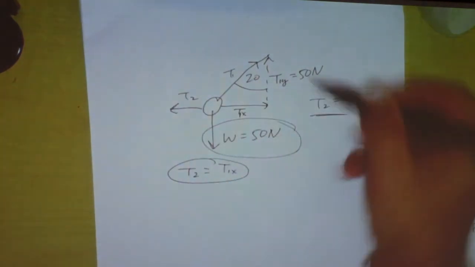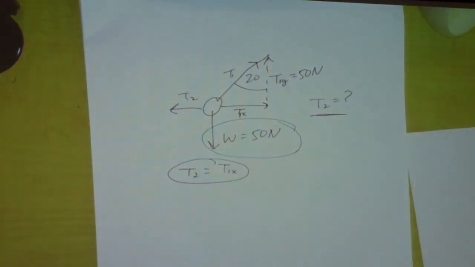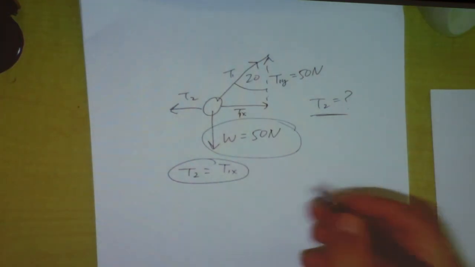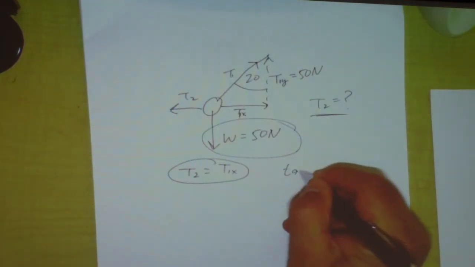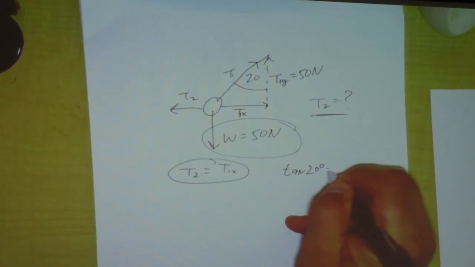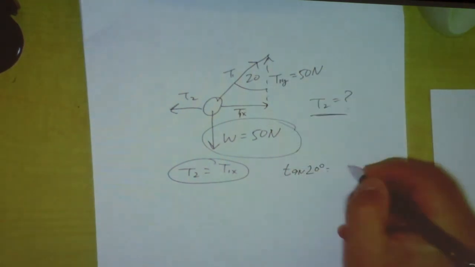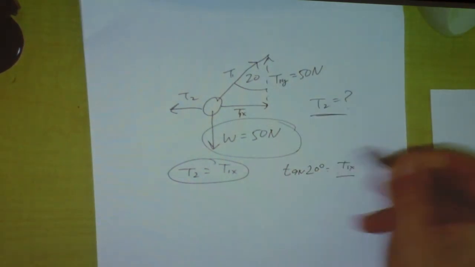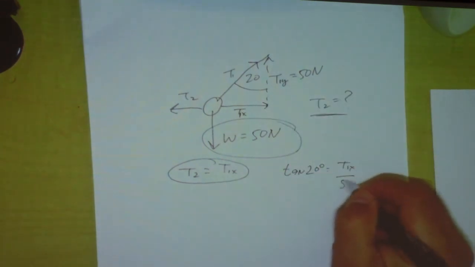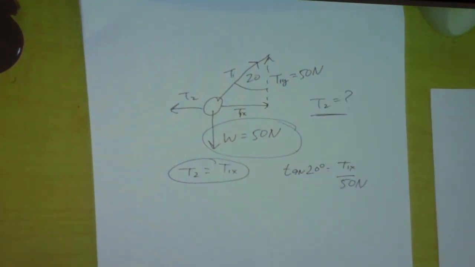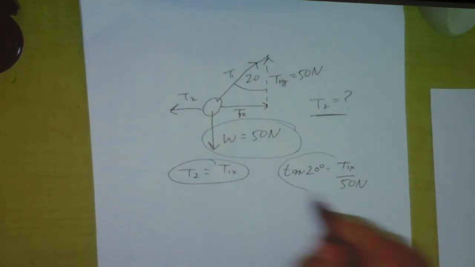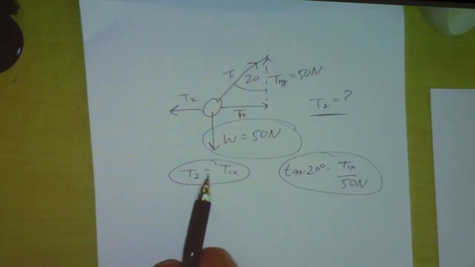Luckily, I've got this angle and I've got a side, so I can get the other sides. It looks to me like the tangent will work for us here. The tangent of 20 degrees is the opposite side over the adjacent side. So with a little bit of trig, I can come up with T1x. This is purely a trig thing. This is the physics part, balancing the forces.